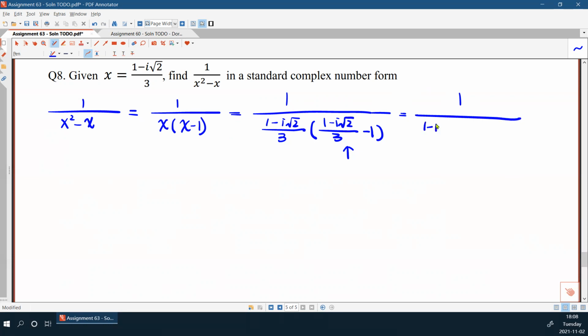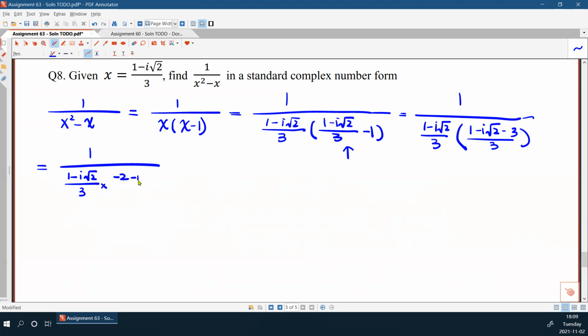Okay, so 1 minus I times square root of 2 over 3. Then the later part is 1 minus I times square root of 2 minus 3 over 3, right? Which is 1 over 1 minus I times square root of 2 over 3 times minus 2 minus I square root of 2 over 3, right?